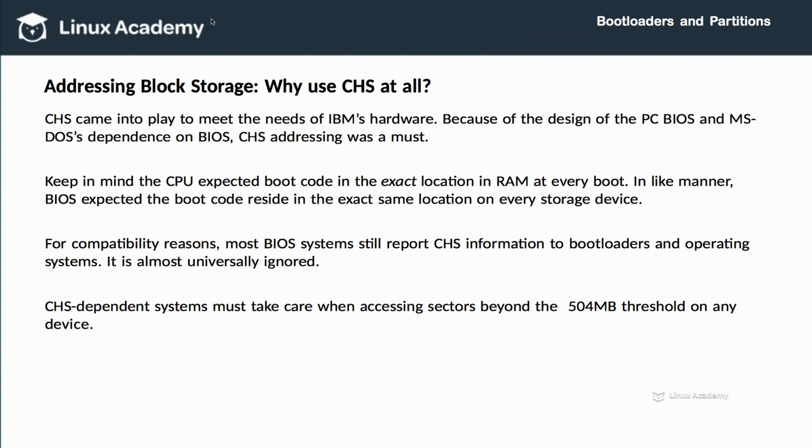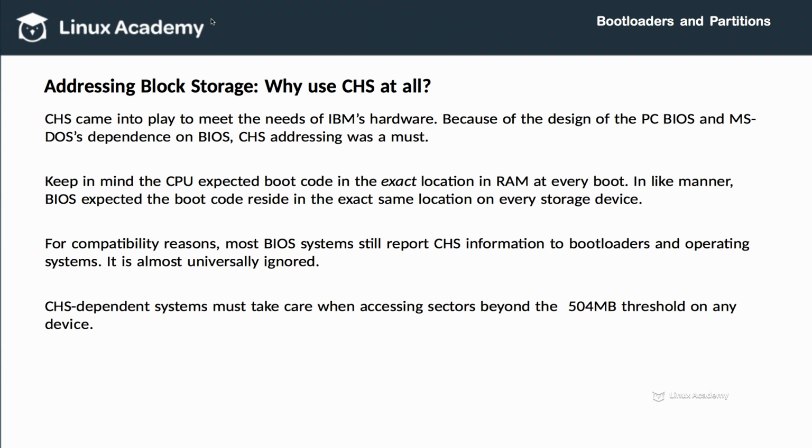So if you swap hard drives out in a BIOS machine, even with a new hard drive, BIOS expects to find the boot code at the exact same address. The interesting thing here is that BIOS actually loads the boot code from the hard drive and puts it into RAM before the code is handed over to the CPU. Before the CPU even begins executing code, this is what BIOS does.